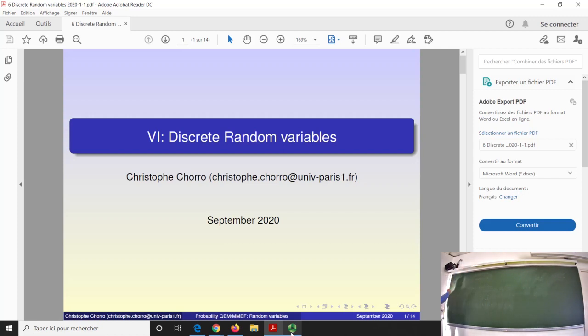In great generality, a random variable is something from the universe into R. I said it should be regular, but forget this notion of regularity because for you everything will be regular. The advantage of a random variable is that if I start from a probability from A into [0, 1], through my random variable I will be able to define a new probability that I call the distribution of X.